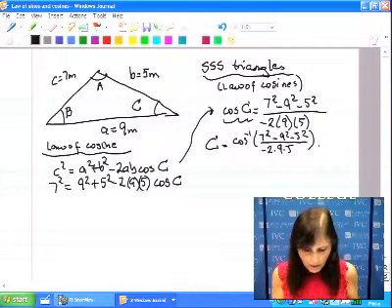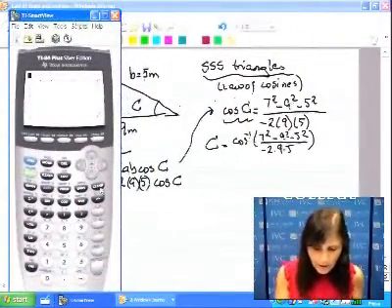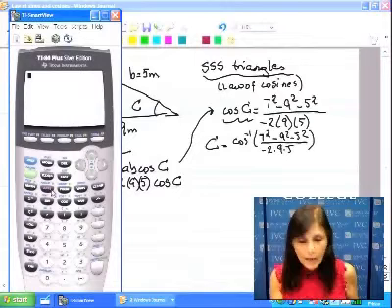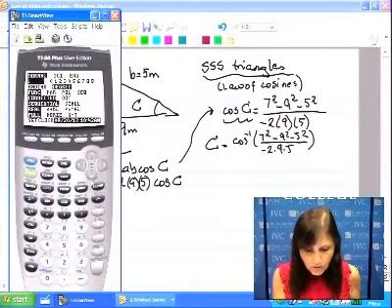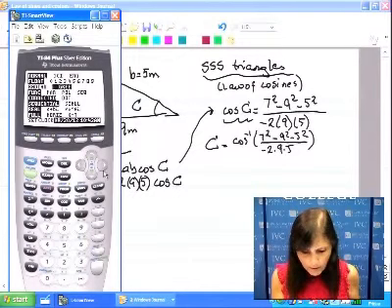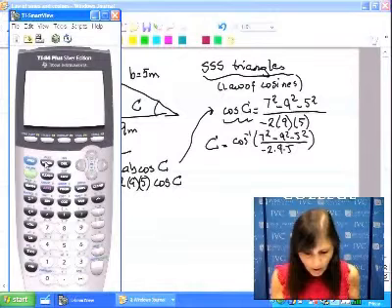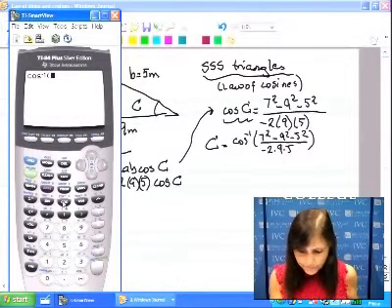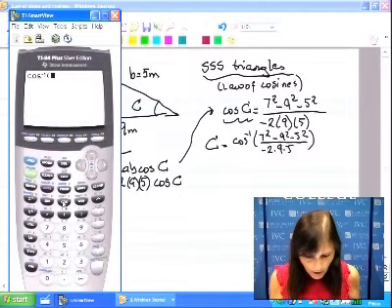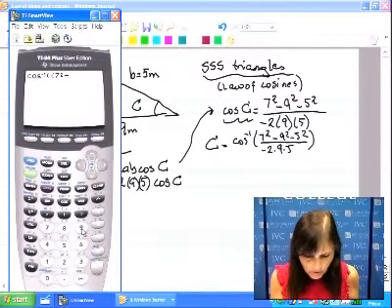So let's do that in our calculator. I'll make sure that I have it in a mode that I recognize. I put it in degree mode. That's the third line, degree mode. You can just enter it and get out of there. So I will write down cosine inverse of 7 squared, which is 49, minus 9 squared.